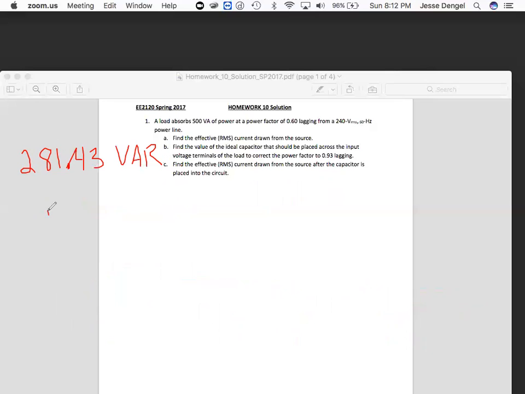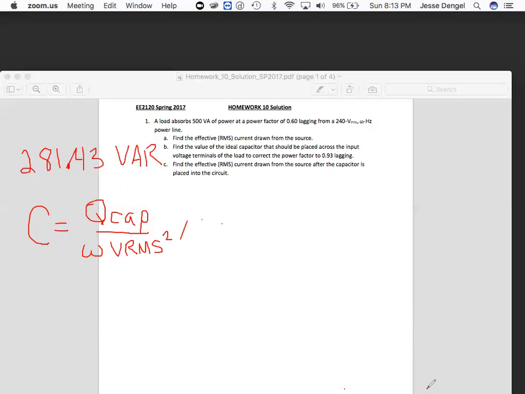So the formula for finding our C, our capacitance, is equal to Q cap divided by omega VRMS squared.